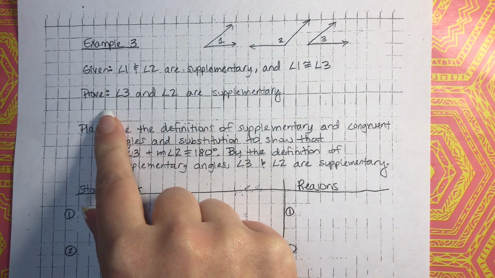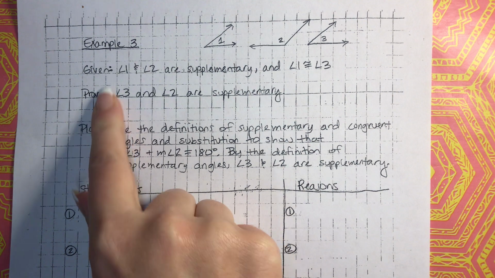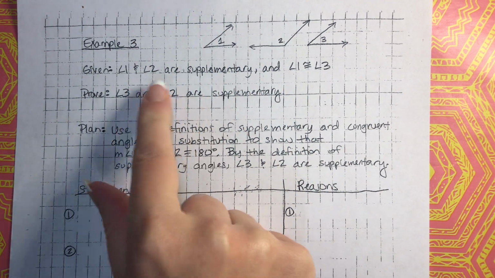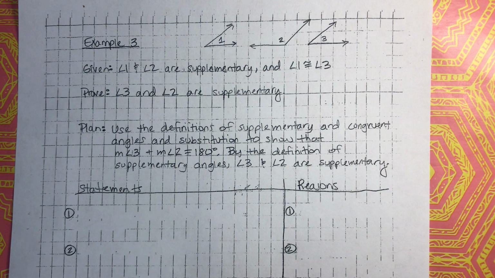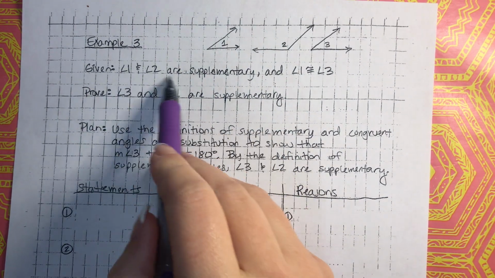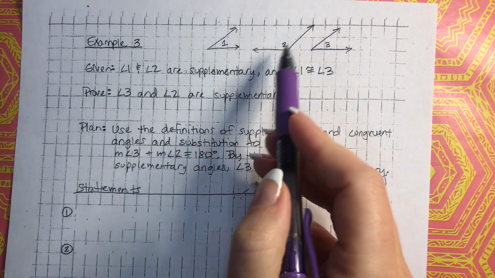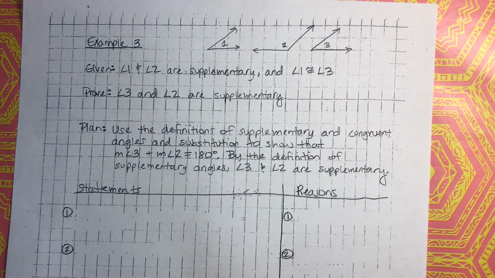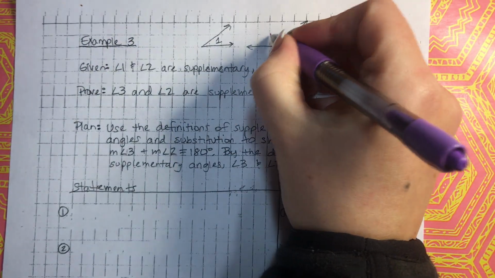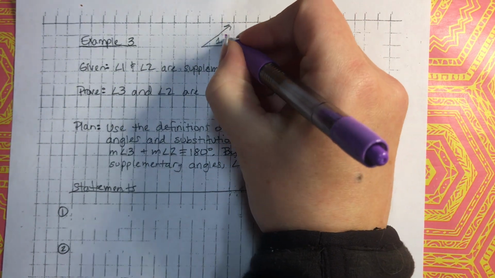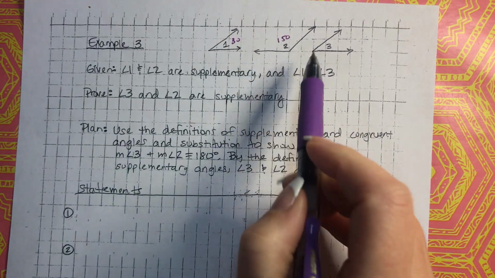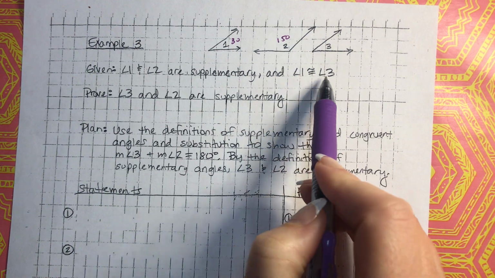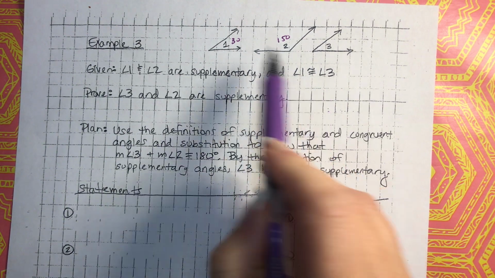So let's go ahead and put some numbers in this and just see if this makes sense, so we can wrap our brains around this. Angle 1 and angle 2 are supplementary. Angle 2 looks pretty big. I'm going to call that 150 and I'm going to call this 30. So they add up to 180. Then it says angle 1 is congruent to angle 3.